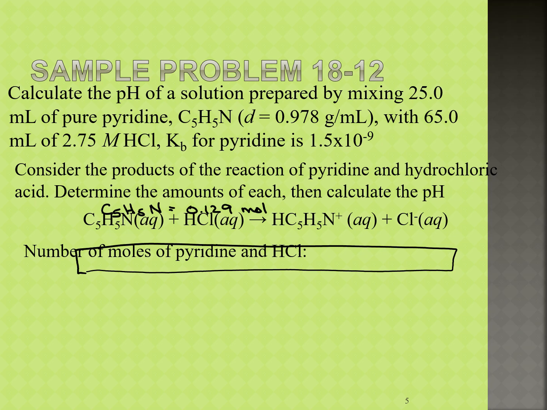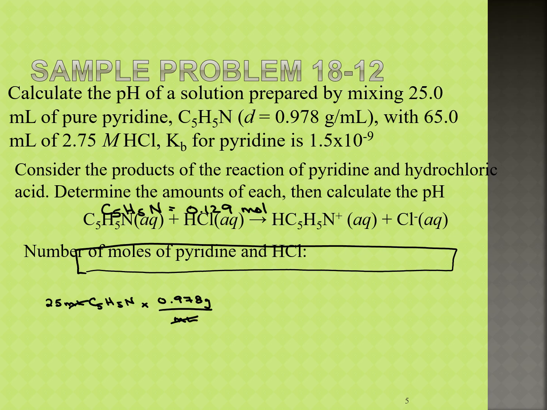All right, now, first things first, I'm going to determine the number of moles of both the pyridine and my hydrochloric acid from the information given to us in our problem. So I have pyridine, which is 25 milliliters of pyridine, and I have the density of that, 0.978 grams per milliliter.